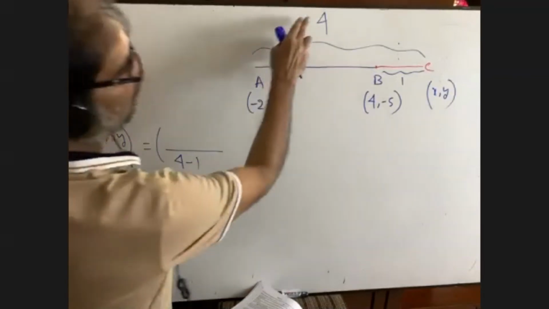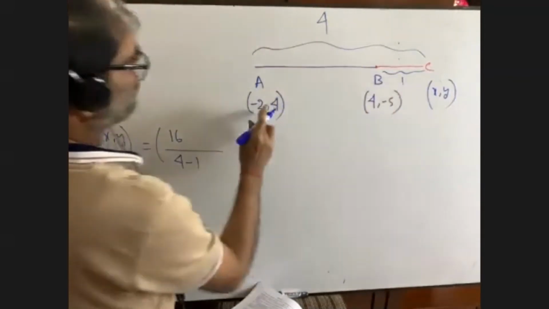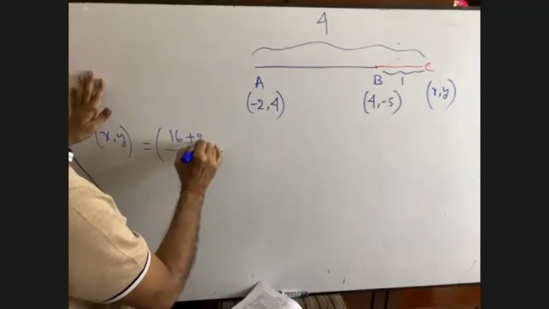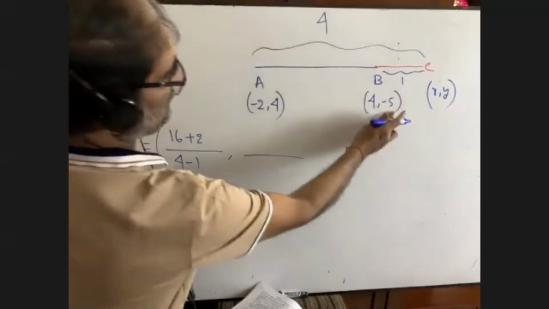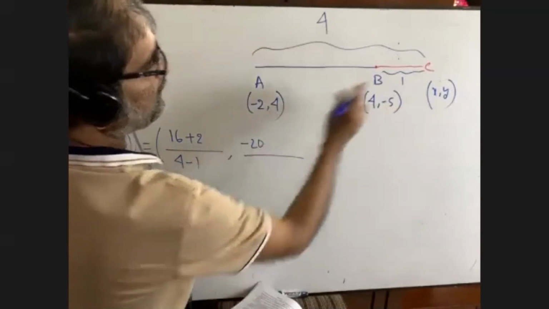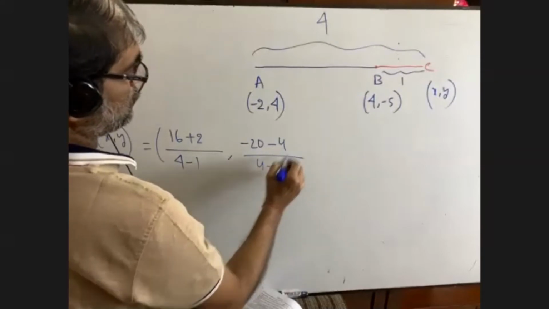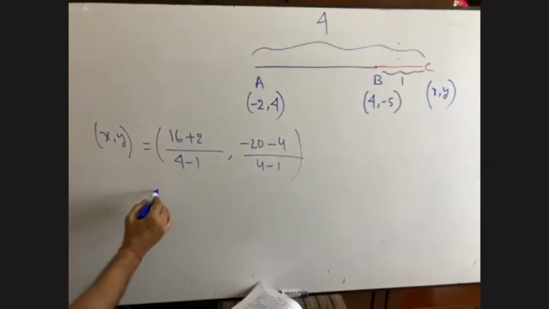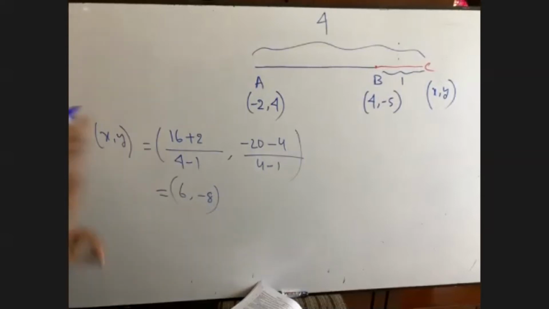So we have to get 4 into 4, 16. 1 into minus 2. 4 into minus 5, minus 20. 1 into 4. So we are getting 6 comma, math is done.